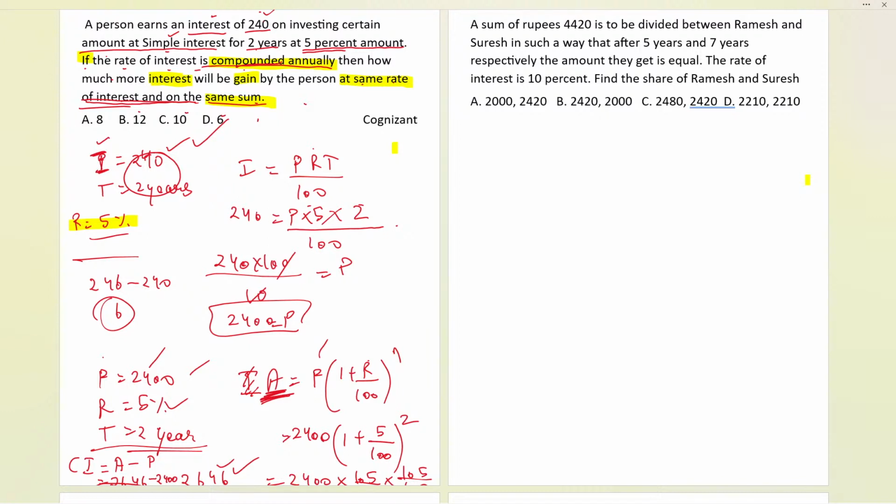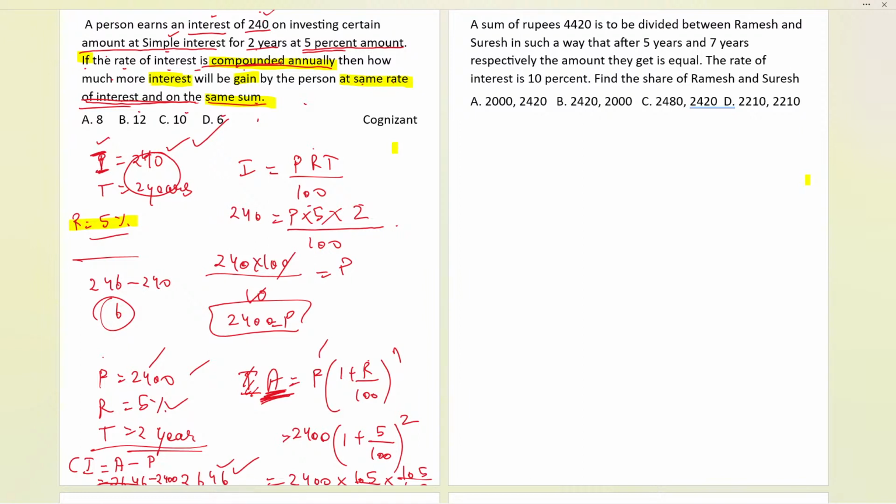Thirty seconds to go. Okay, the time is up.